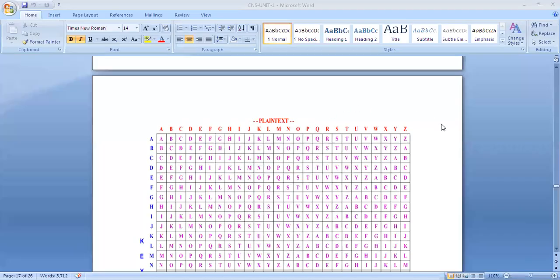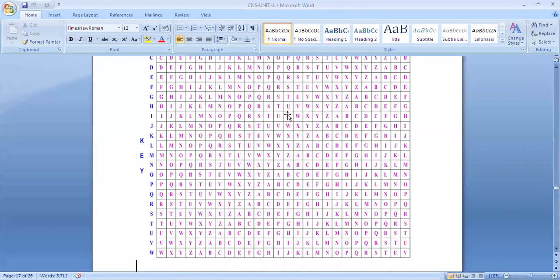Now I want to consider this Vigenere cipher. See here, in the Vigenere cipher, you have the plain text like this.